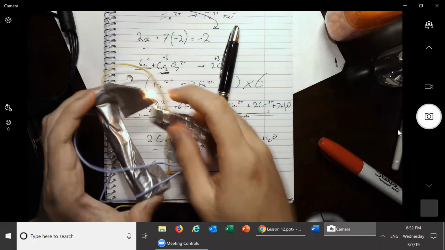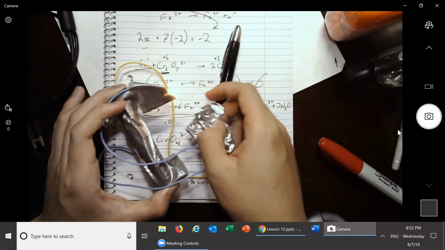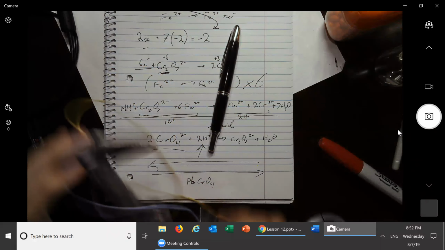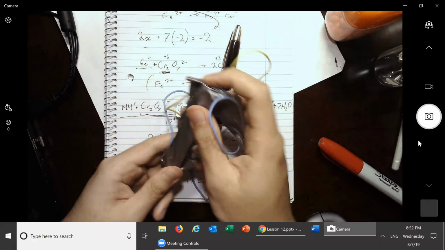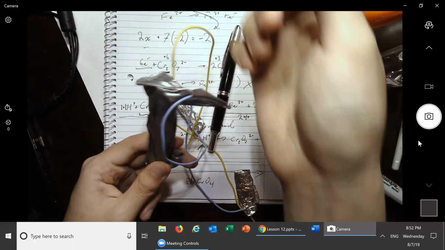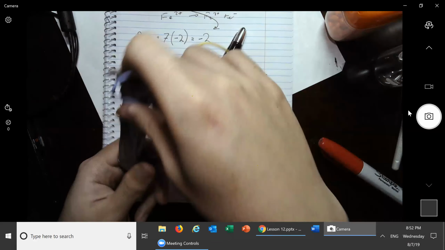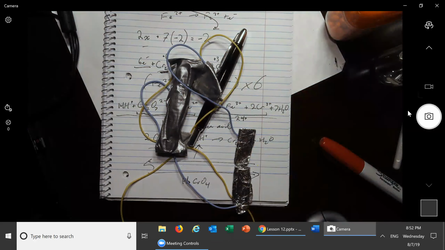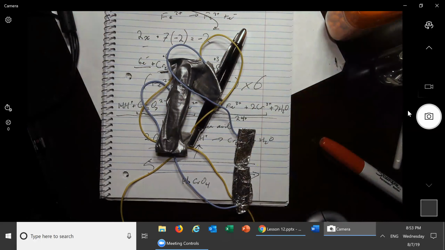So the electrons flow through the bulb, and then that generates light. So on one side of the battery here, the electrons come out of the side where the oxidation reaction is happening, right? Because at the oxidation part of the reaction, you're losing electrons, so the electrons come out, and then at reduction, we're gaining electrons, so the electrons flow in.